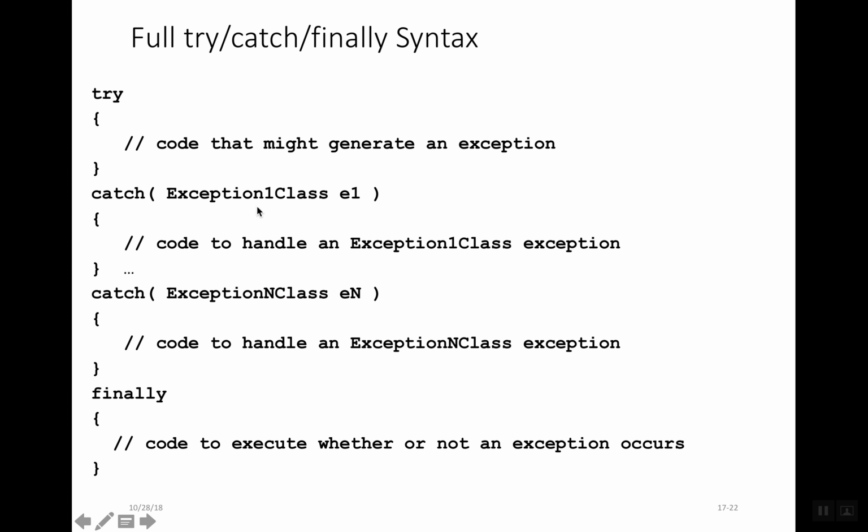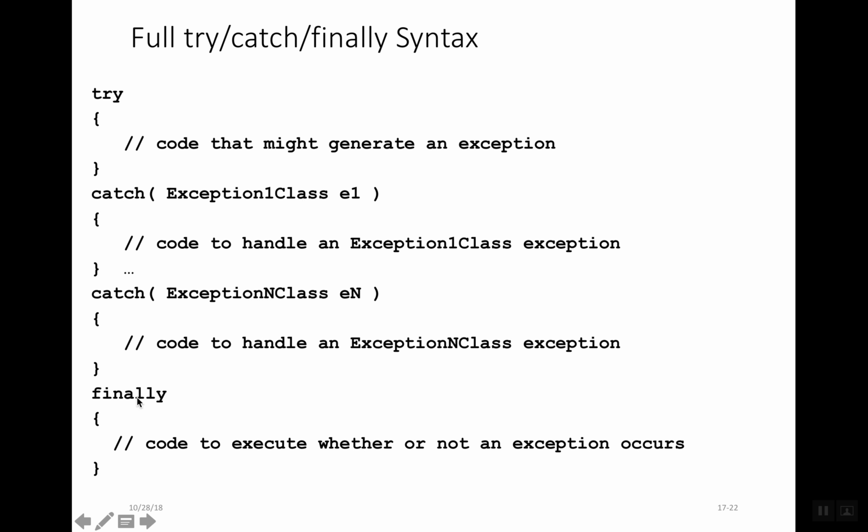So here there is another code snippet. There will be one try block, and we will put the code that might generate an exception within the try block, and we will have multiple catch statements. The catch statements will differ based on the exception type, and there will be a finally block.